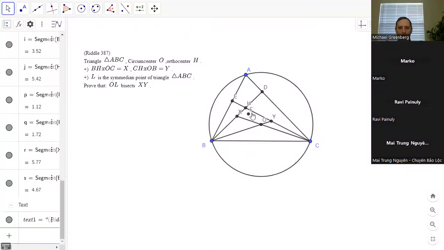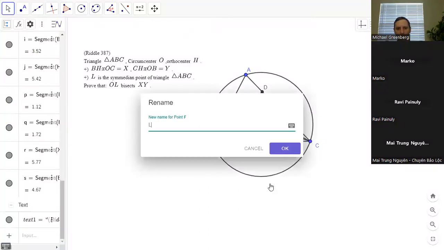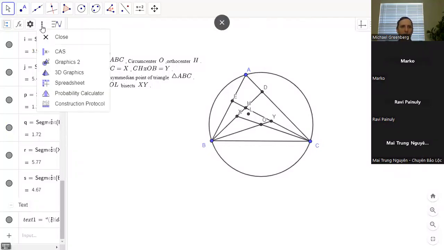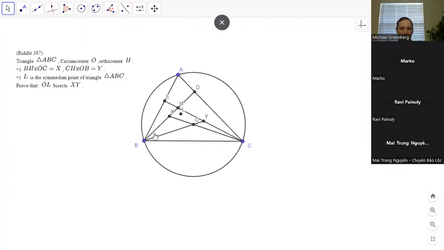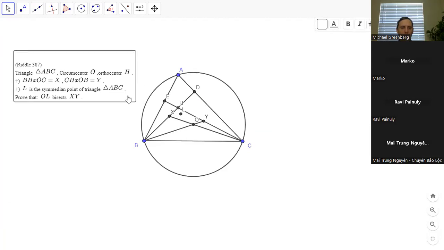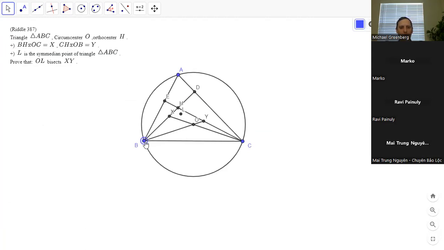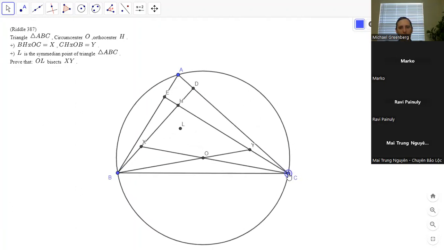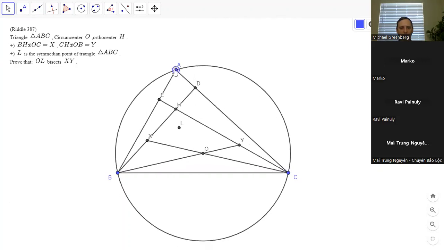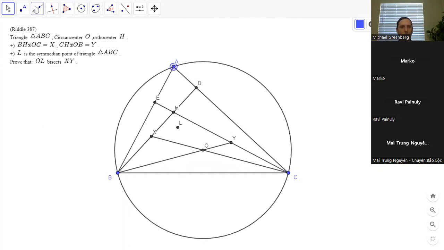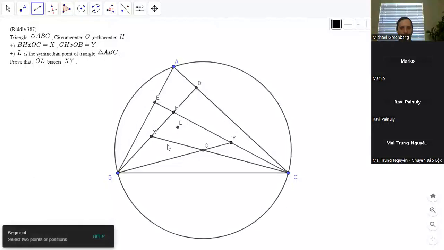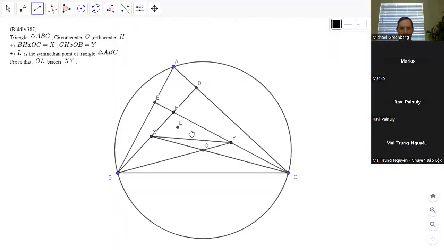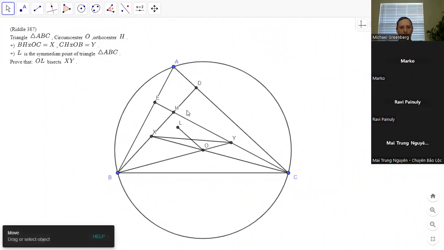That's L. And okay. This is OL. So AL is a symmedian, BL and CL are also symmedians.